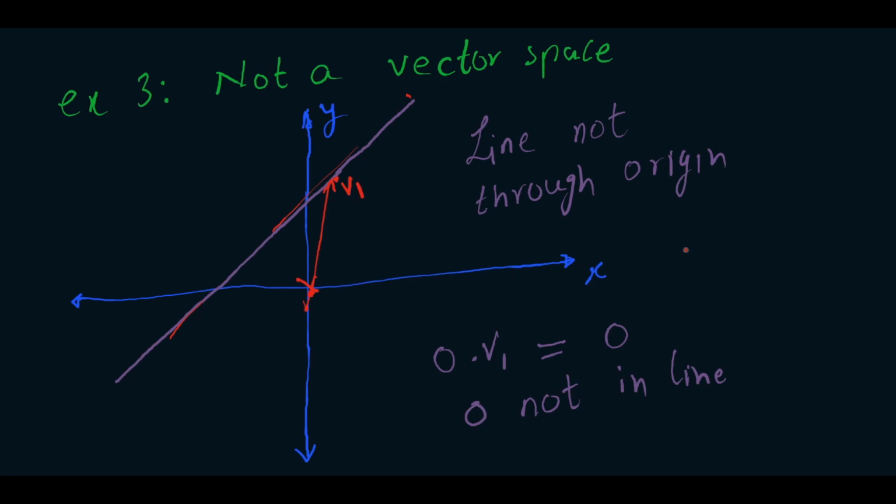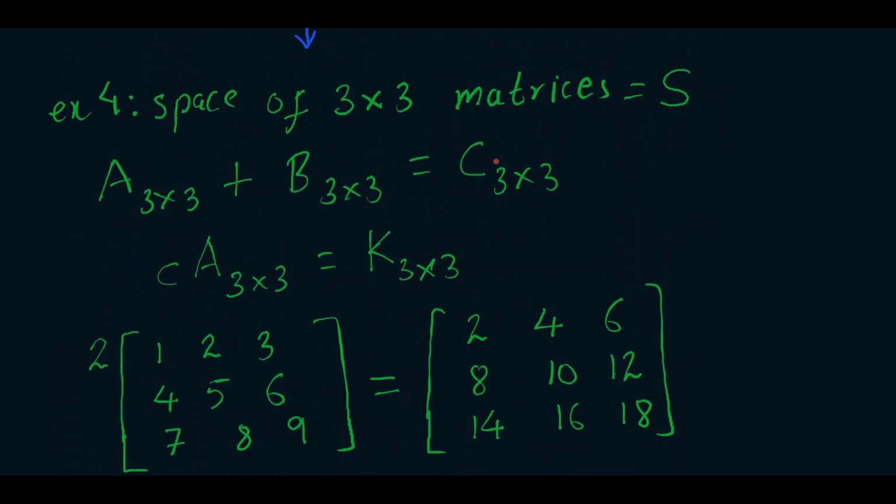Now let us take another example. Our space can be in the form of matrices also. Now let us take the space of 3 by 3 matrices. When you take a matrix of 3 by 3, you get 9 entries. Considering all those entries are real numbers, you can add two matrices.